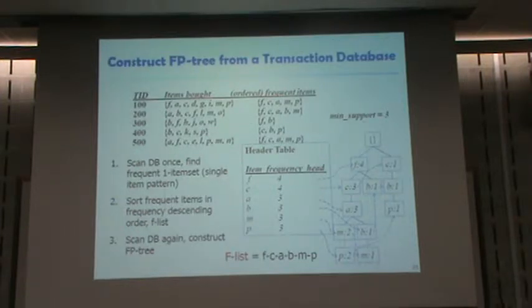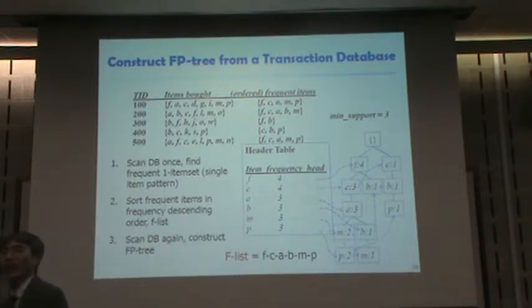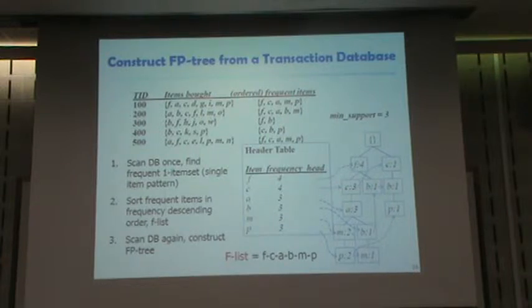We are going to use the same sample data set, the transaction database. It has 5 transactions. So we have F, A, C, D, G, I, M, P, and so on. The first step is to make the frequent list, the F list, which is the same as in Apriori.